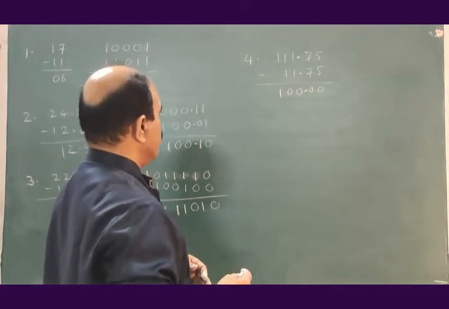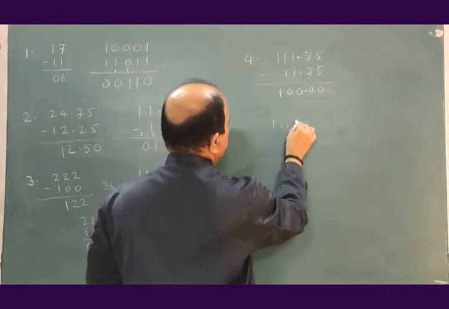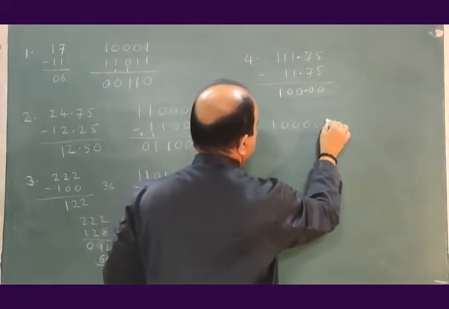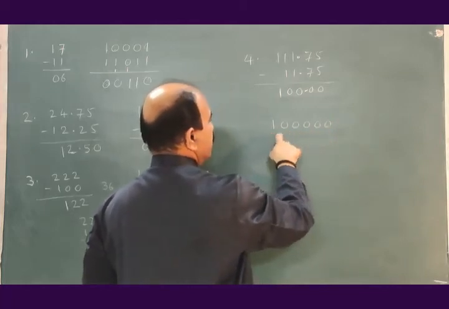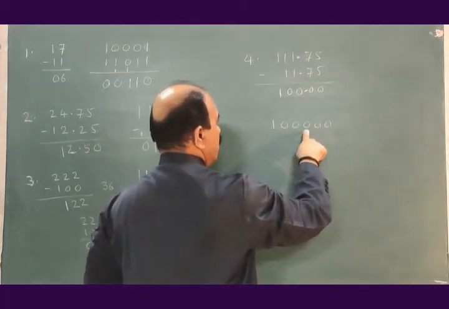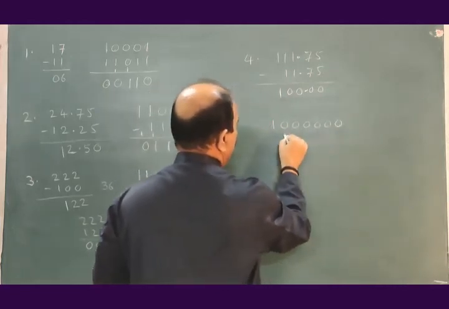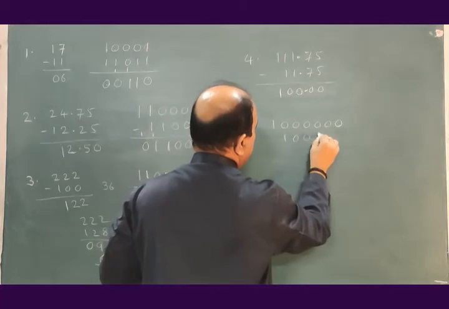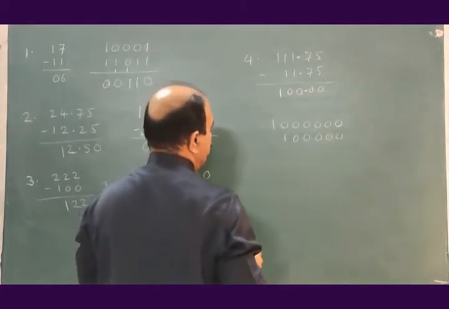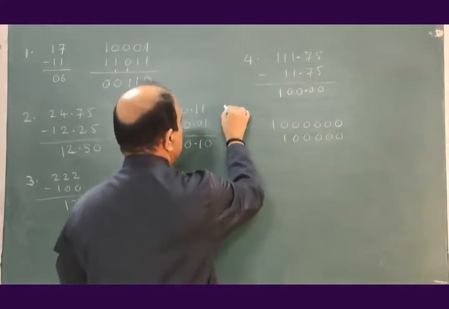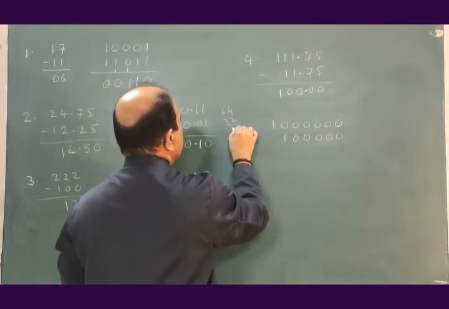And so we have to first go for 64: 1 0 0 0 0 0 0, to the power 0 1 2 3 4 5 6. 64 plus 32 is how much? It is 96.